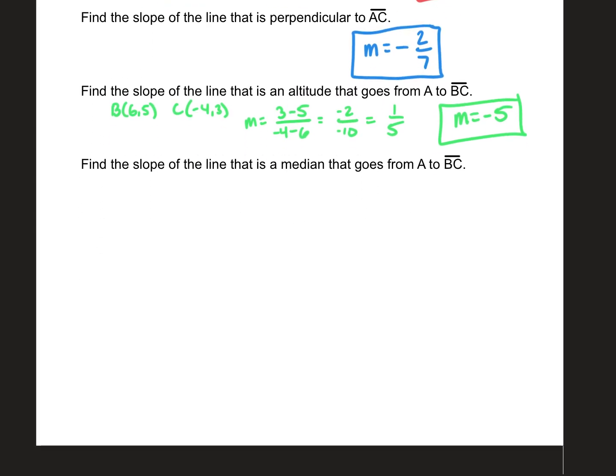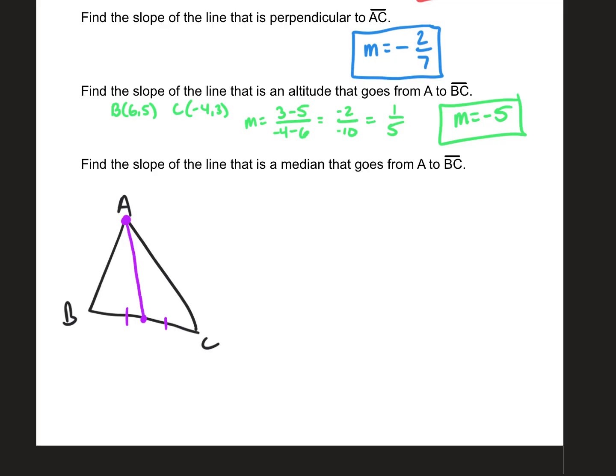Okay, I just want to visualize this with you for a second. I know I'm not drawing this thing to scale at all. However, if you think about this, A, B, C, however it's oriented, find the slope of the line that is a median that goes from A to BC. Now remember, in the last trimester, we talked about how medians go from a vertex of our triangle to the opposite side's midpoint.